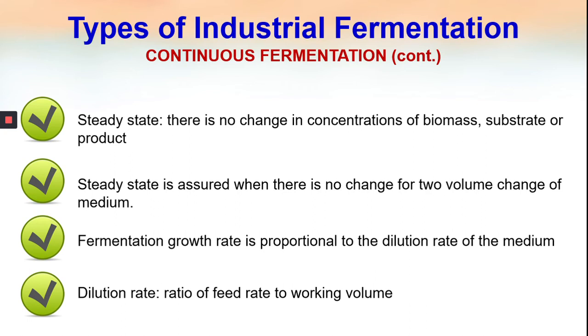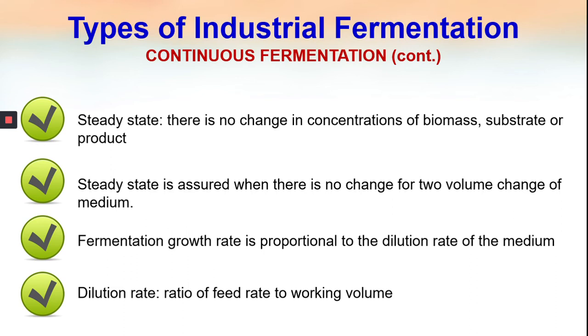Besides that, continuous fermentation is not in a dynamic state. Why is it not a dynamic state? Because under continuous fermentation, we are controlling all the parameters. We ensure that the medium keeps being added so that the cell receives fresh medium at uniform interval time.